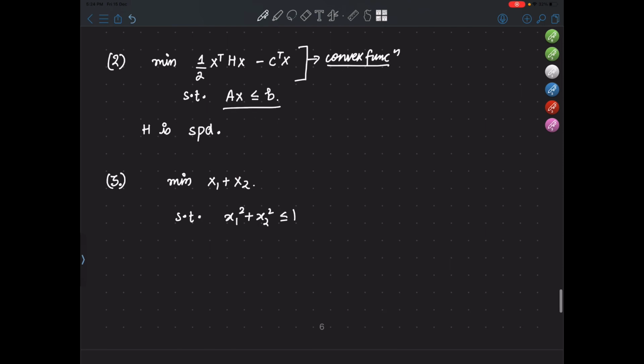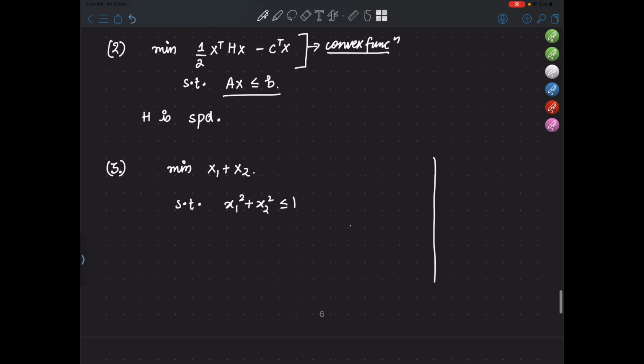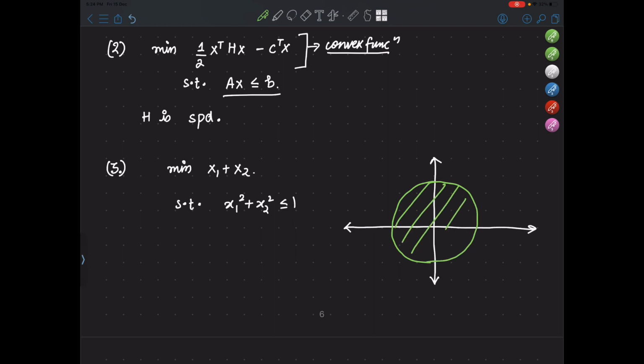Visually you can see that this constraint means the feasible region is inside a circle of radius 1, and x1 plus x2 is some line like this.